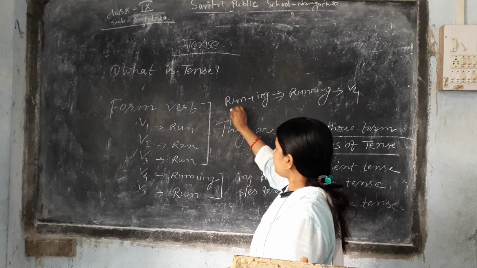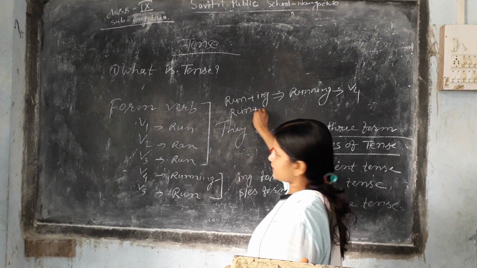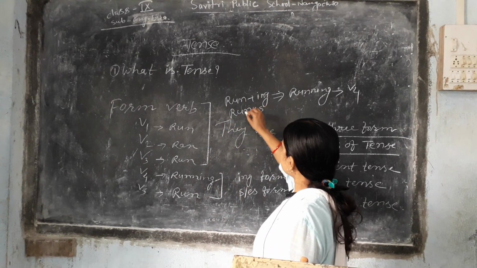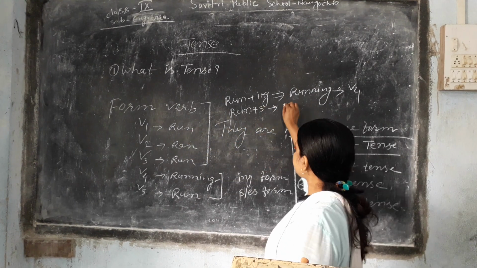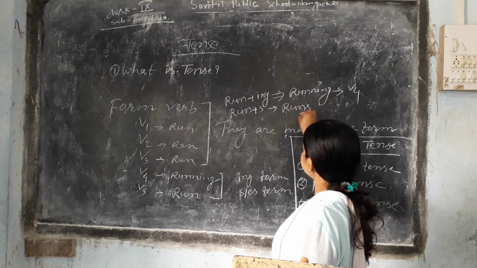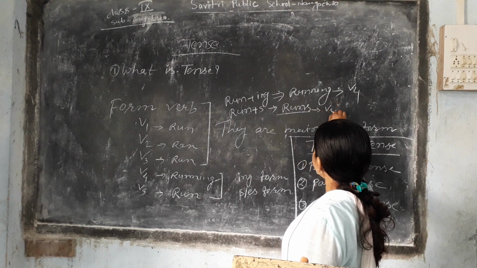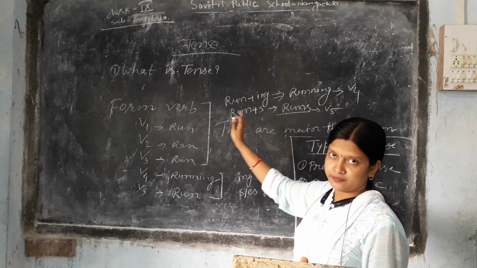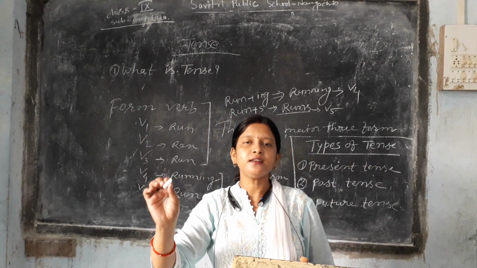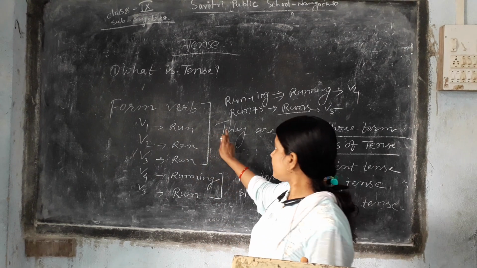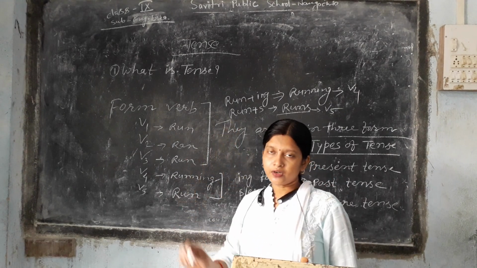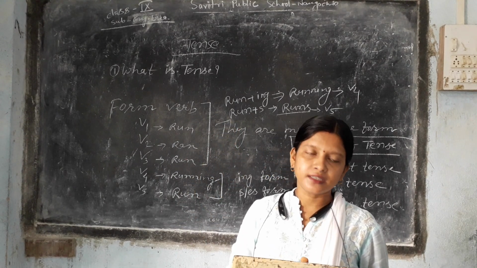When we add S or ES as demanded with the first form of verb, then it creates runs. It is the V5, and V5 is used only in simple present tense. We use the fifth form of verb only in simple present tense.